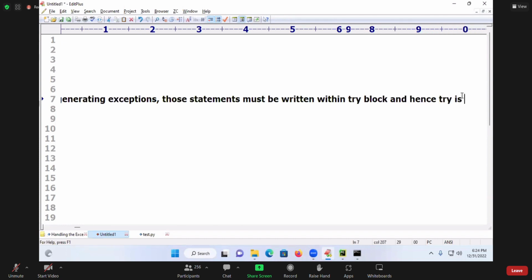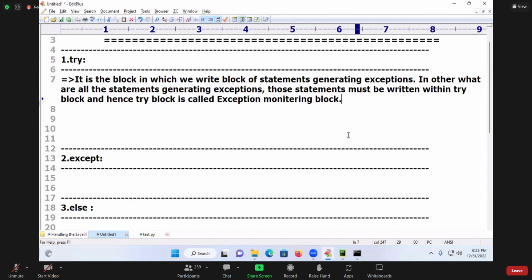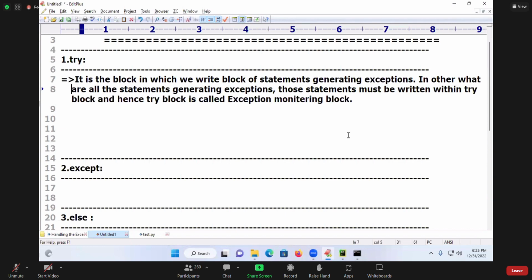Try block. And hence the try block is called what block? Exception monitoring block. So here I am going to say exception monitoring block.